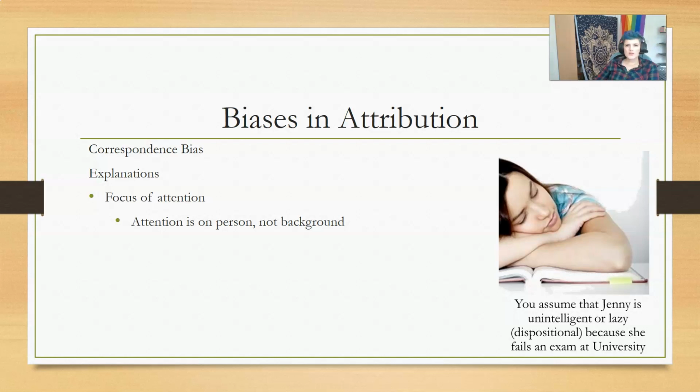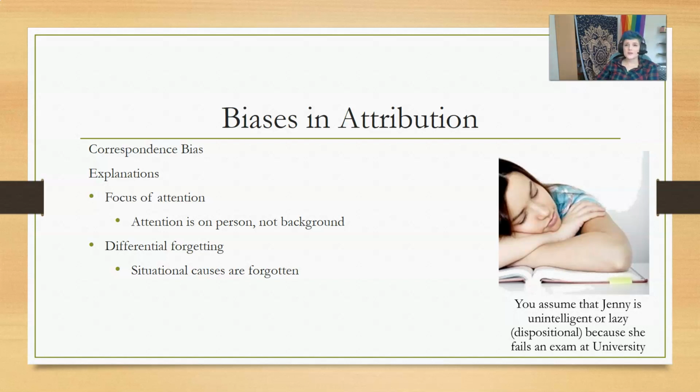Now, this correspondence bias, or fundamental attribution error, can be explained by the focus of attention. Your attention is on a person rather than on the context of their behaviour. So, of course, you're going to think that the attribution for that person's behaviour is internal, because you're not considering all the things that might influence them. We also have differential forgetting.